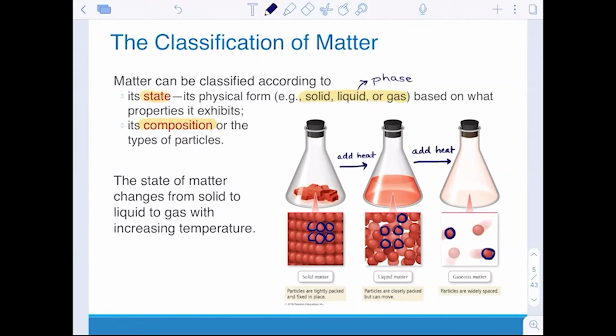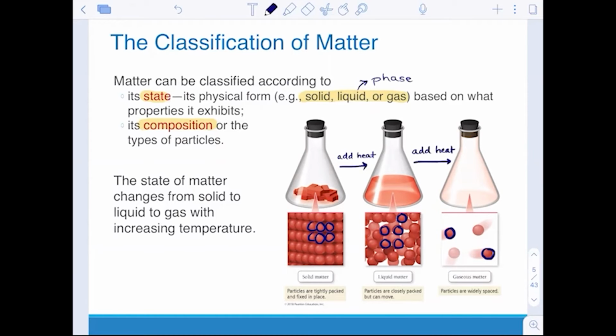And one of our theories that we're going to talk about in chapter 10, the kinetic molecular theory, helps us understand that gases act almost independently of one another. Solids and liquids, they're kind of packed together. They interact. They do some more things together. But gases, they're off on their own, doing whatever they want, very independent.